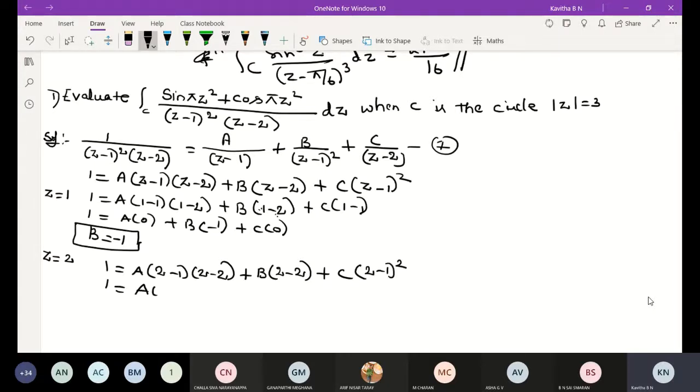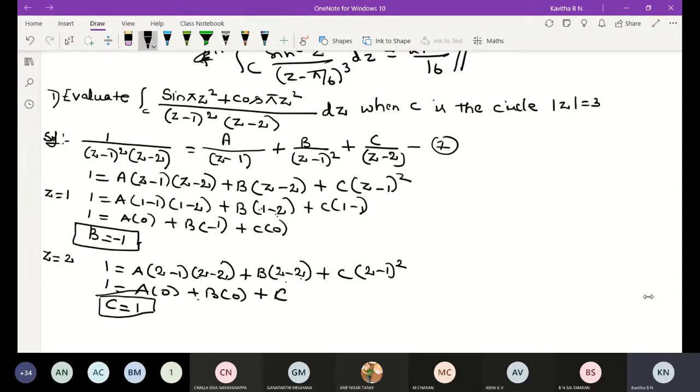Then A becomes 0, B also becomes 0, because 2 − 2 is 0. Then C is (2 − 1)², which is 1. So the C value is 1.